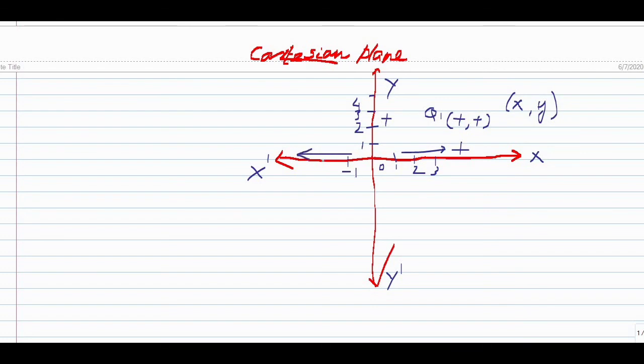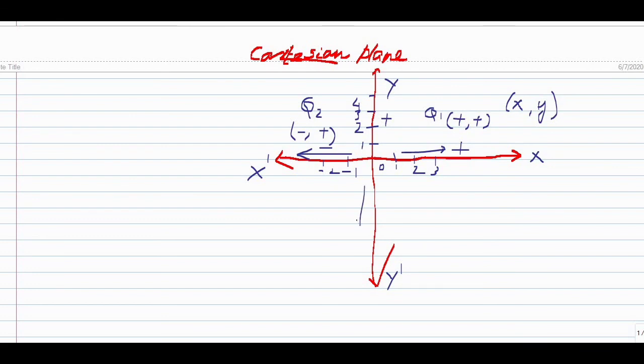Yes, it has x coordinate negative because it is left side of 0, and y coordinate positive. That means quadrant 2 consists of x negative and y positive.